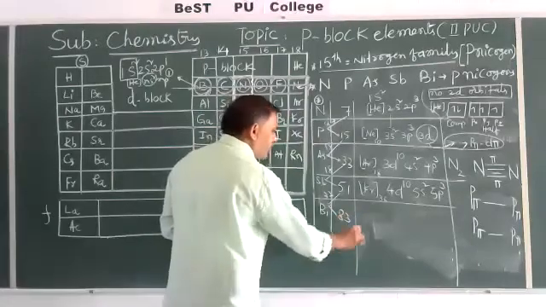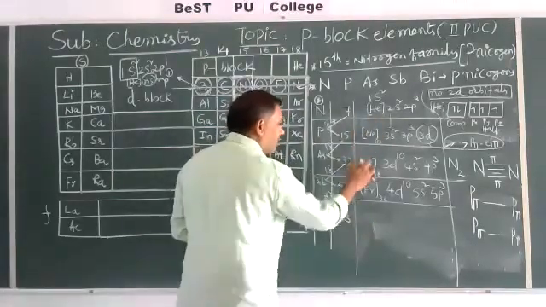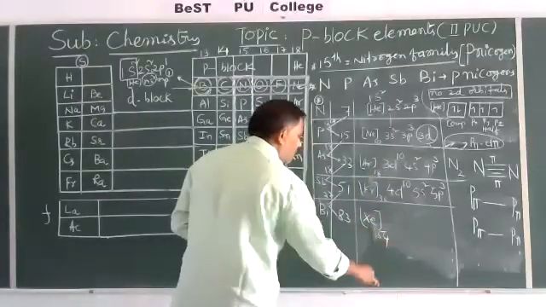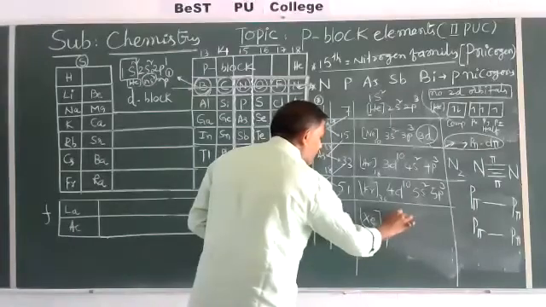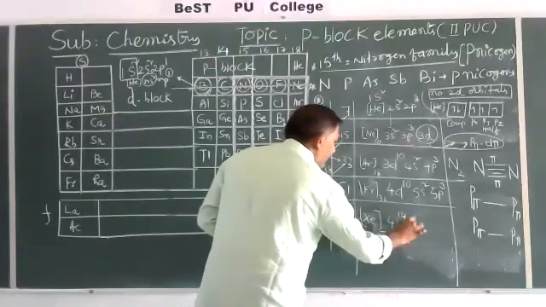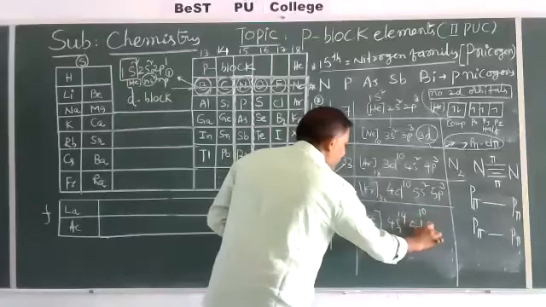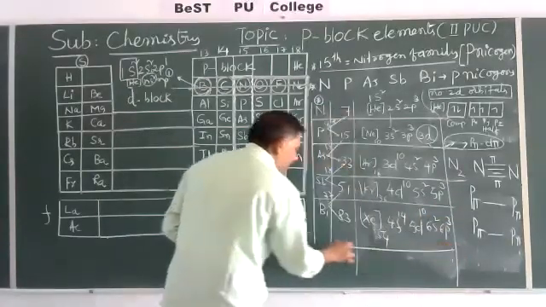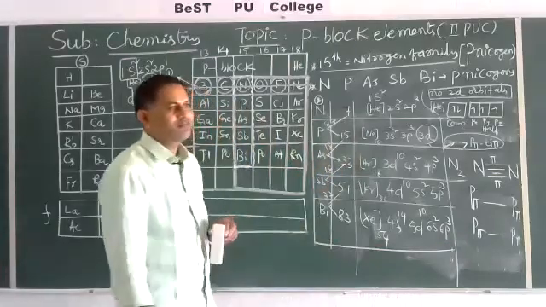Now to get 83, helium, neon, argon, krypton, it is xenon, which is 54. Now here the 4f14, 5d10, and here the 6s2 and 6p3 is the electronic configuration of bismuth.